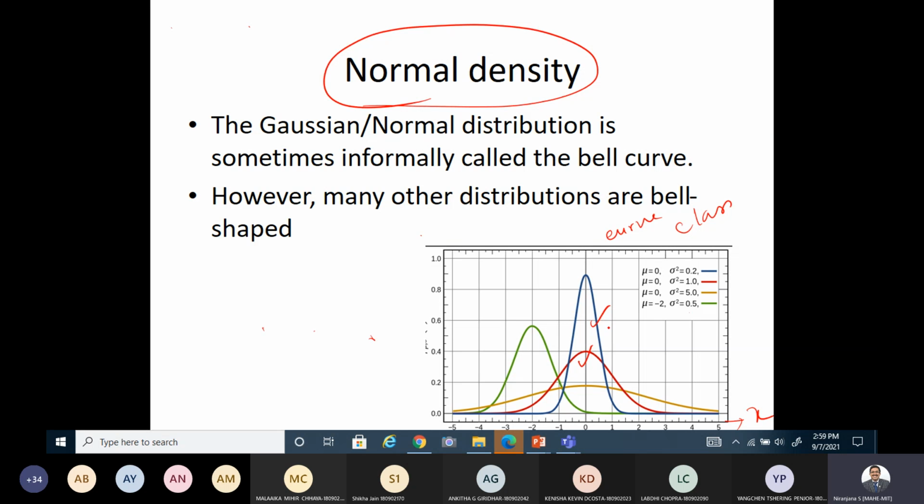Those classes could even be separated. When they are overlapping like this, it is very difficult to separate them with respect to that x. Each curve is one class, right? When you have different curves, like 3 curves, each curve is a class.